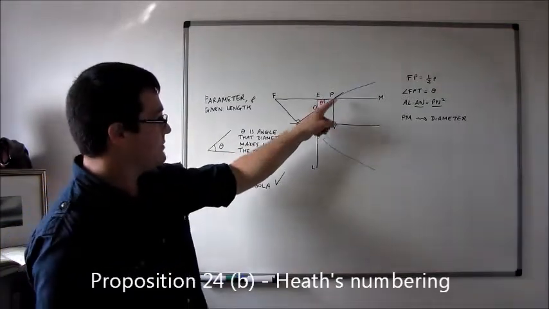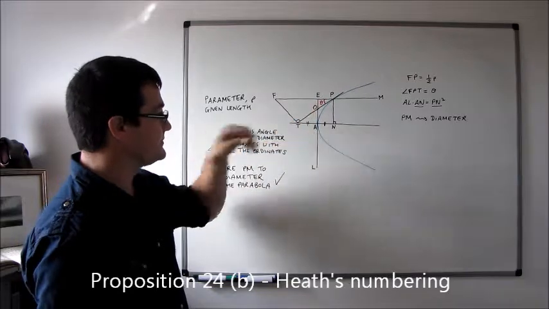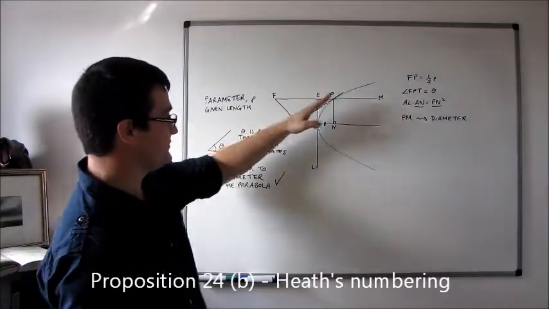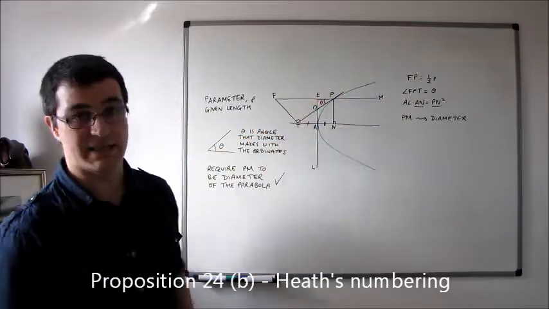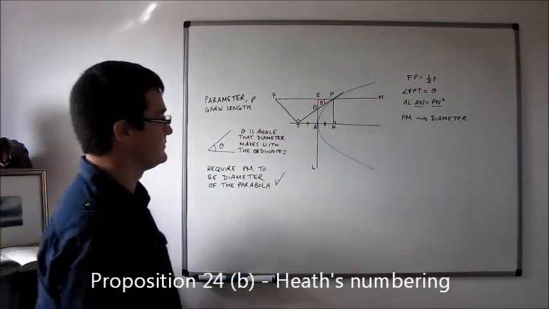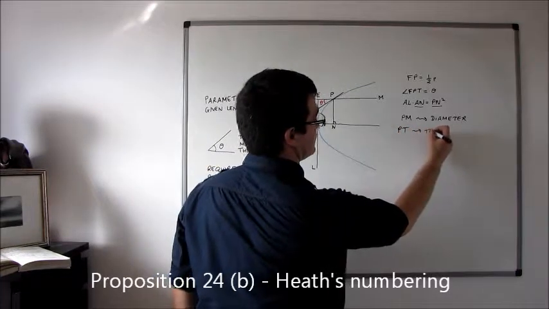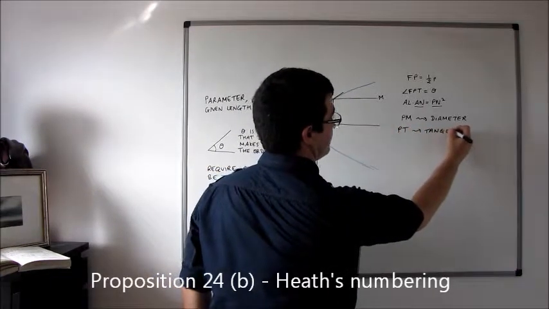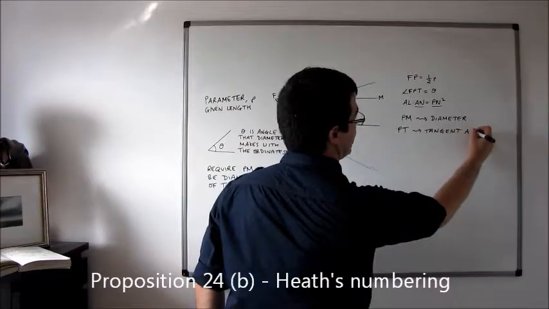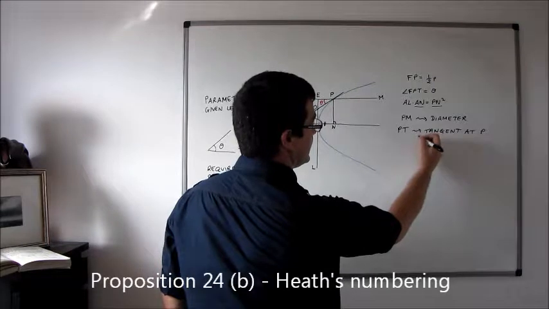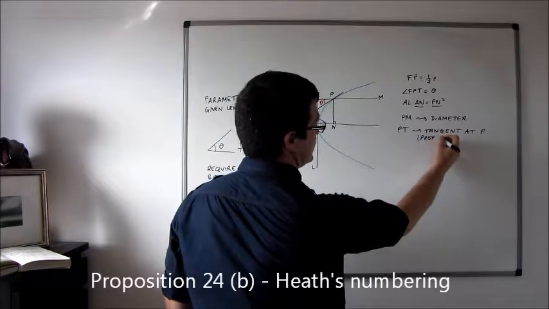So let's have a look now at this angle theta. We know that this line here, PT, is going to be a tangent to the parabola. So it's a tangent at P. How do we know that? This is from proposition 12.